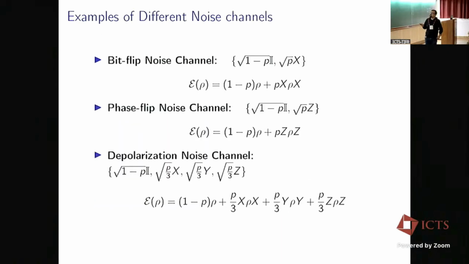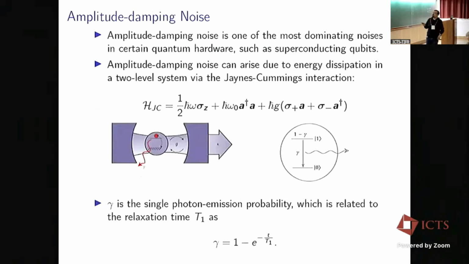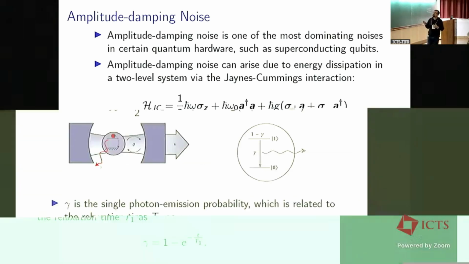These are somewhat artificially made, but today I'll be talking about a noise model which is known as amplitude damping. This is naturally motivated, and this occurs naturally in many quantum hardwares, for example, the superconducting qubits.